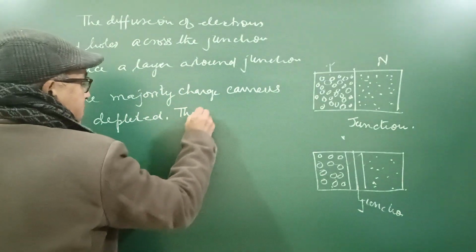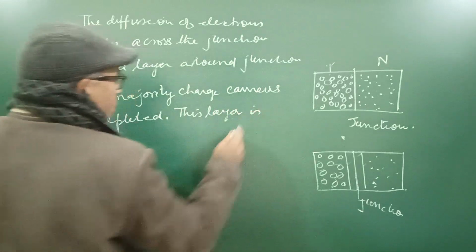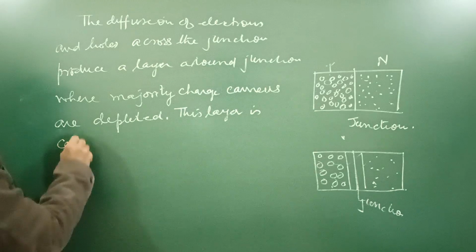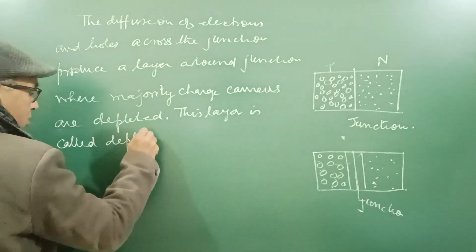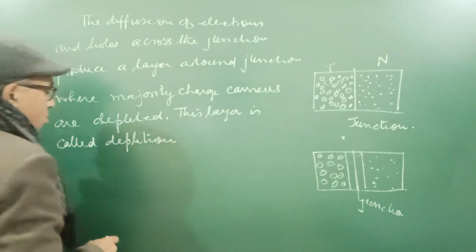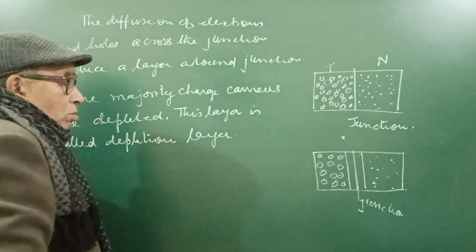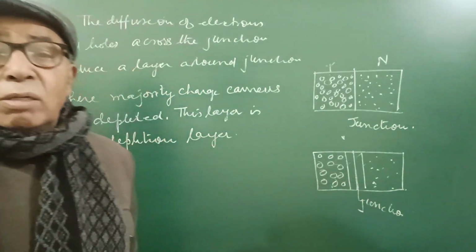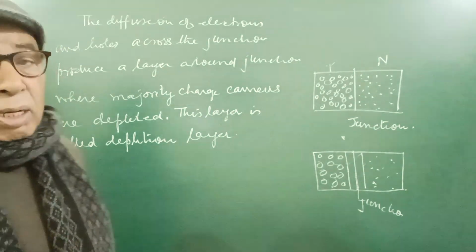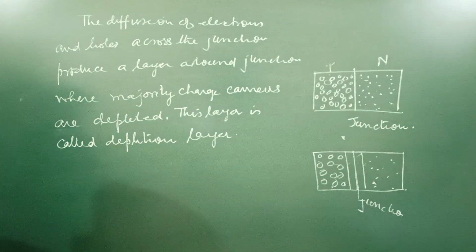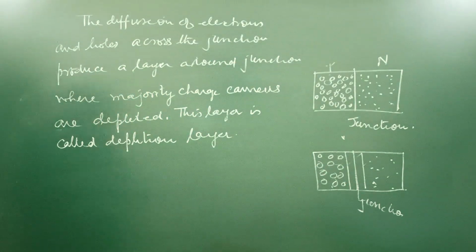This layer is called the depletion layer. Now I will explain further in the next video about the PN junction.